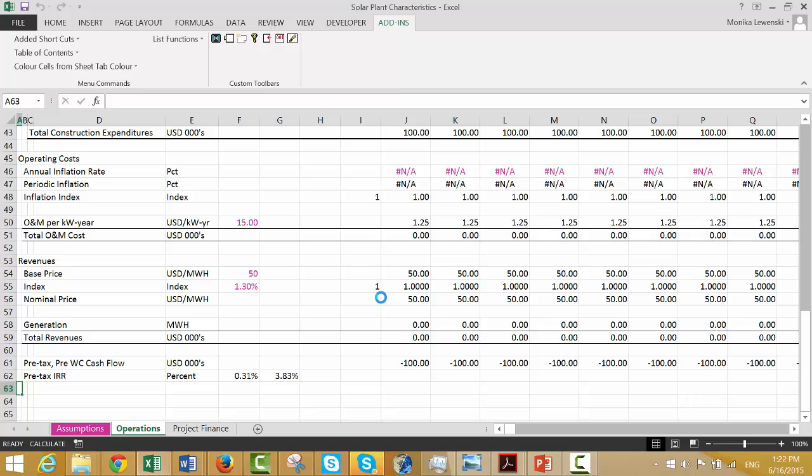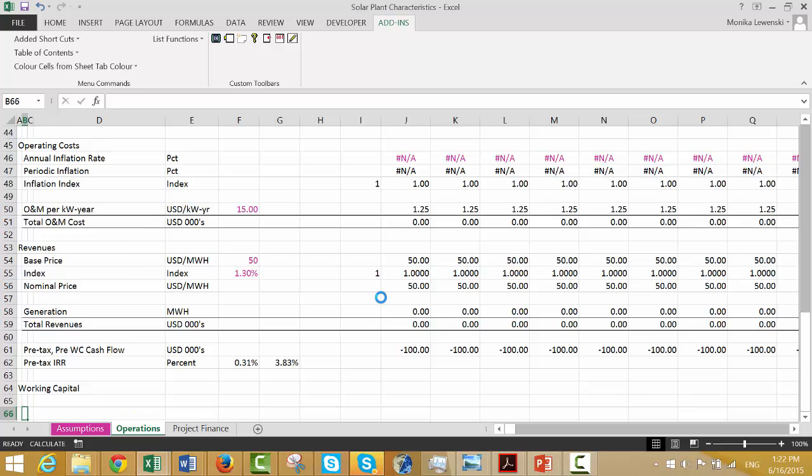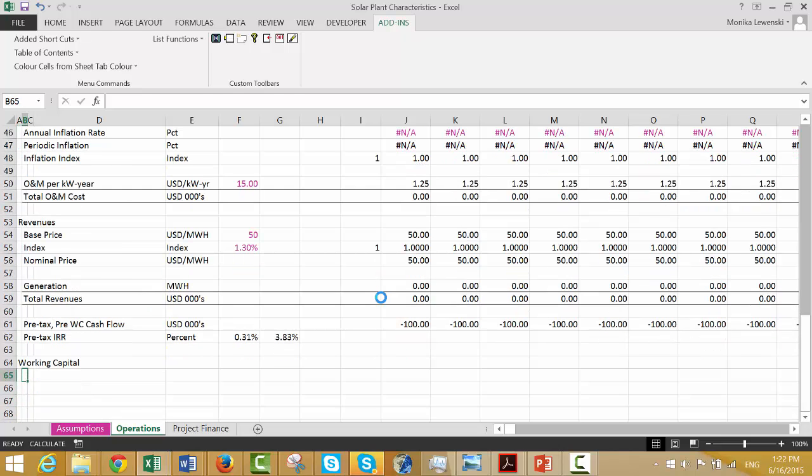And now why don't we put some working capital in, just to have an example of this.